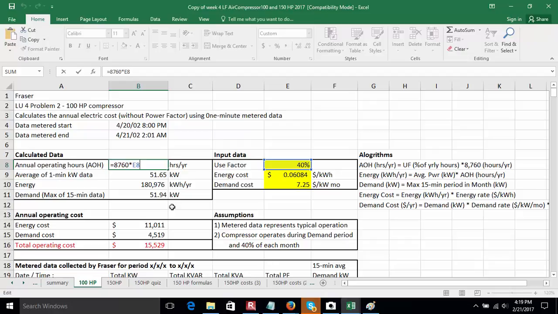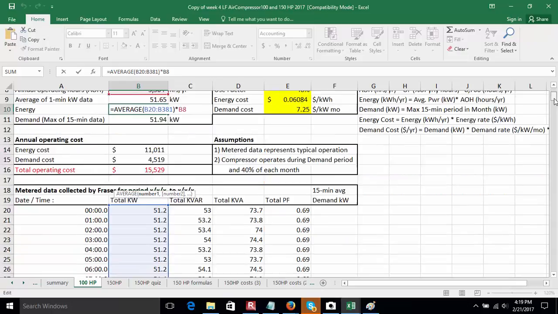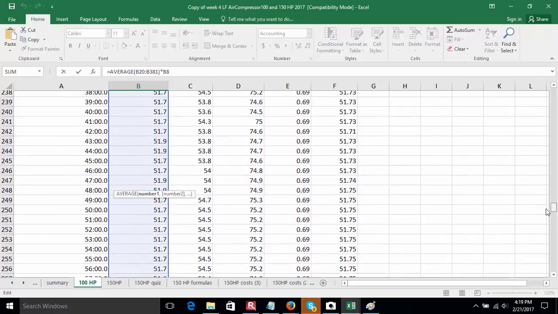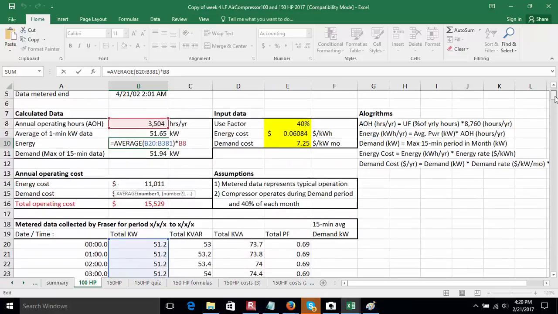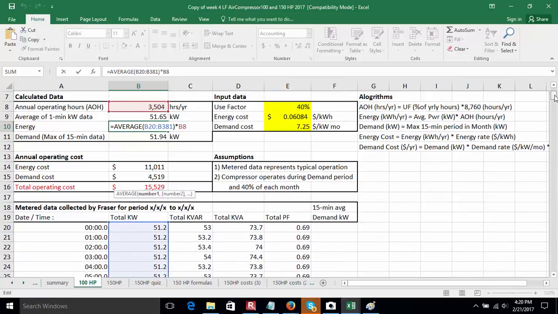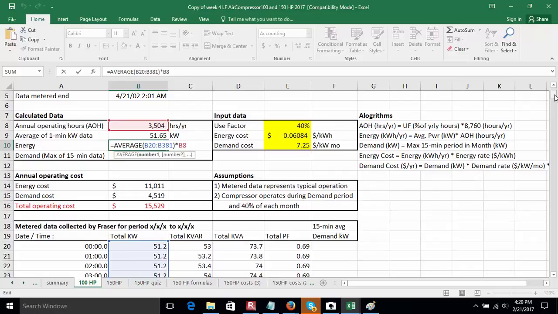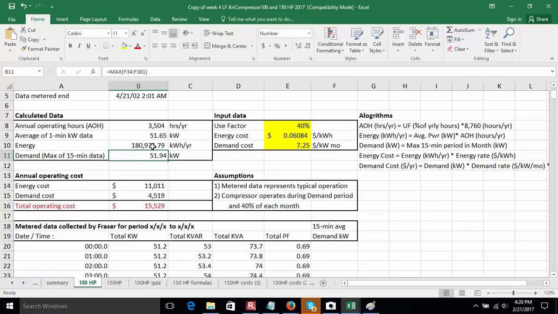That's about 10 hours a day, 5 days a week, approximately. So the numbers are about the same. We're looking at the average of B20 to B381, the average of all of those powers. Again, it's going to come out to be about 52. Power times time is energy: 180,000 kilowatt hours per year.